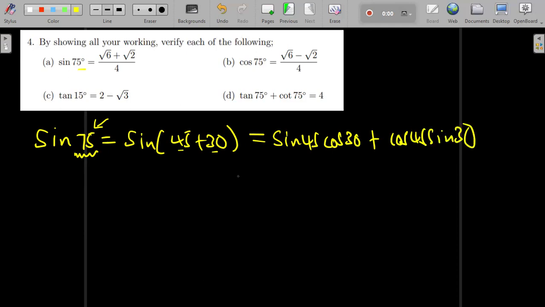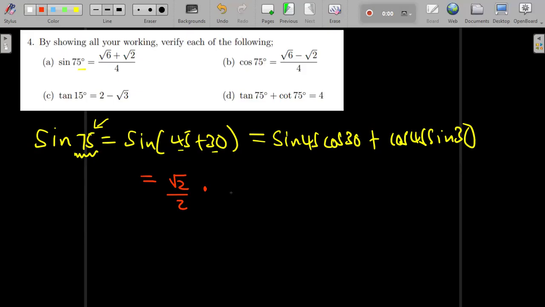Okay, so what is sine 45? What is cos 30? Sine 45 as a special angle is just the root of 2 divided by 2, and then we are multiplying this with cos 30.